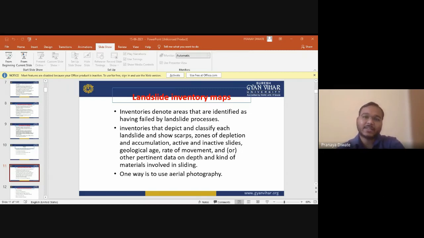A landslide susceptibility map goes beyond an inventory map and depicts areas that have the potential for landsliding. These areas are determined by the correlation of the principal factors that contribute to landsliding. These maps indicate only the relative stability of slopes.